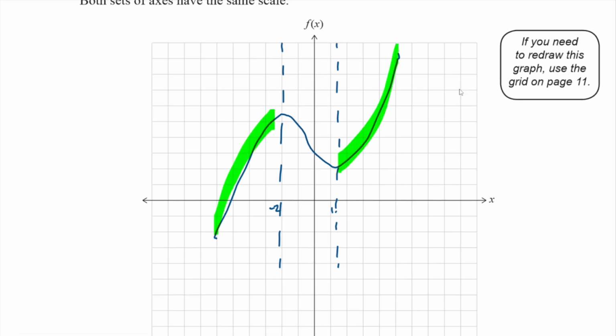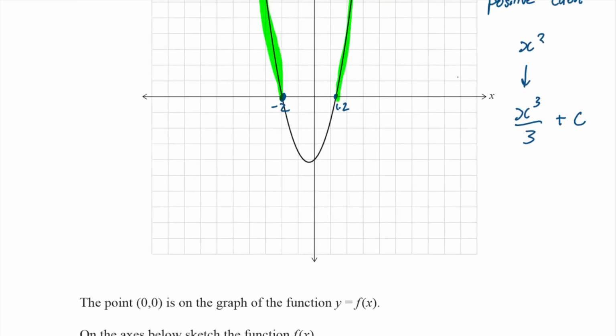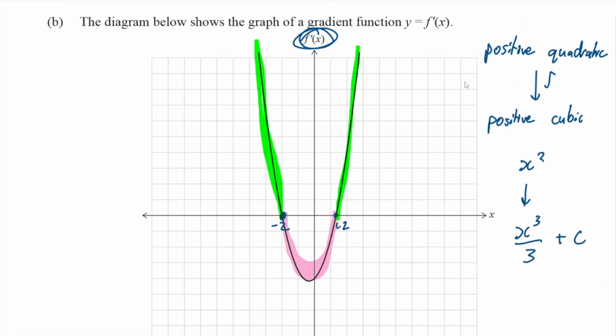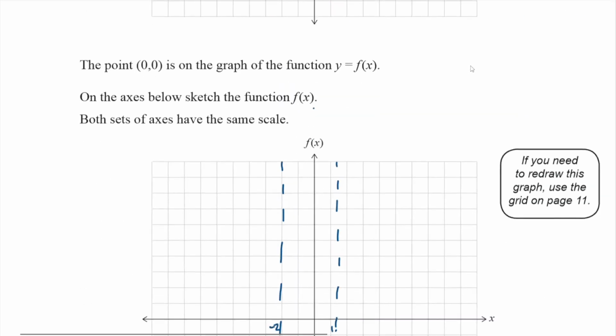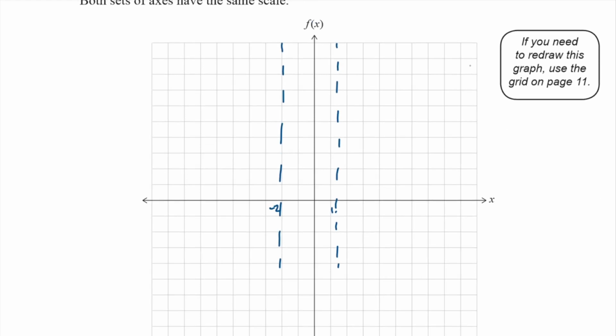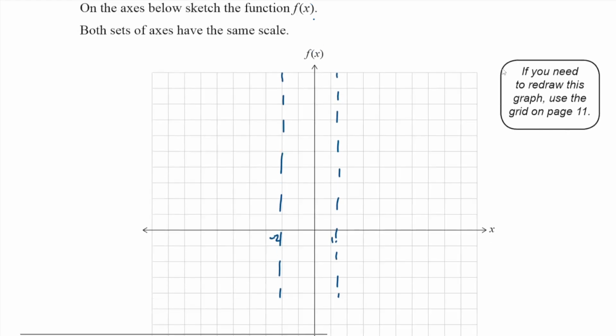Positive, positive. And of course, in between, we expect it to be negative, because on our gradient function, the y value is negative.